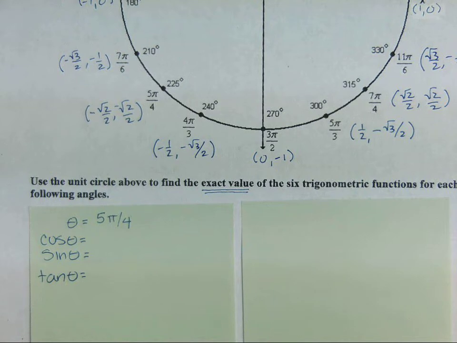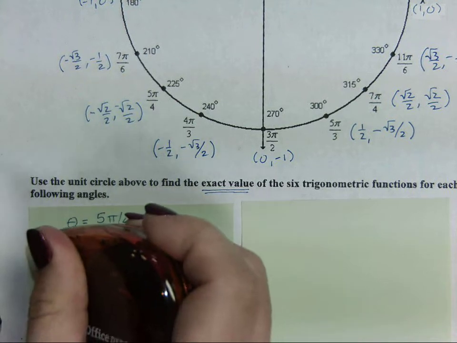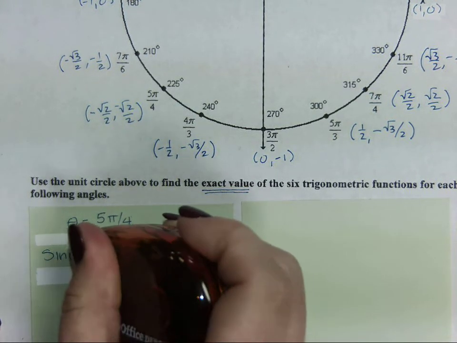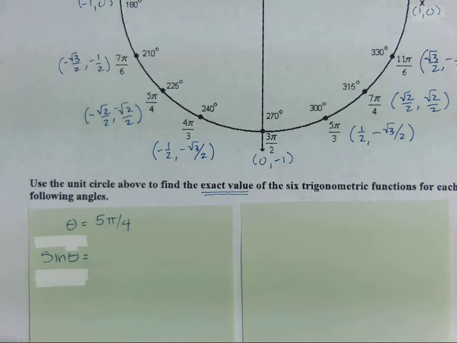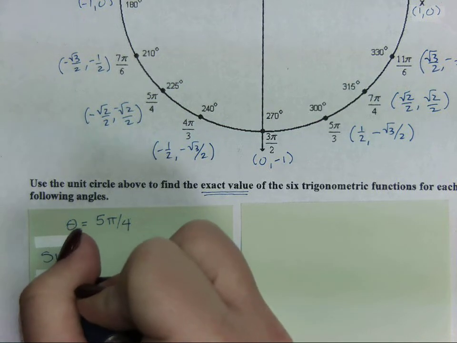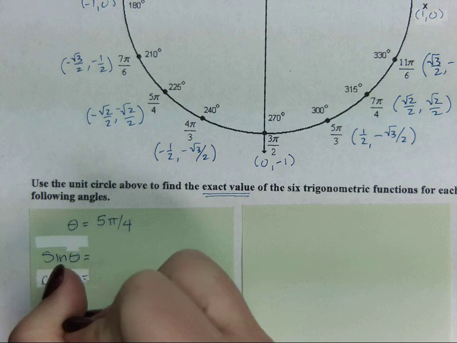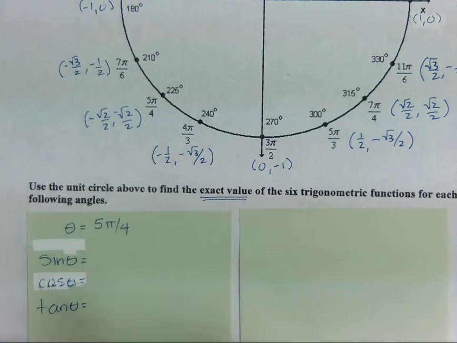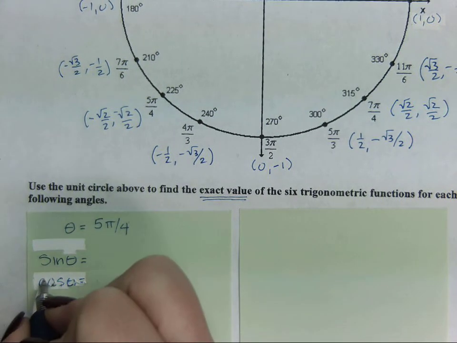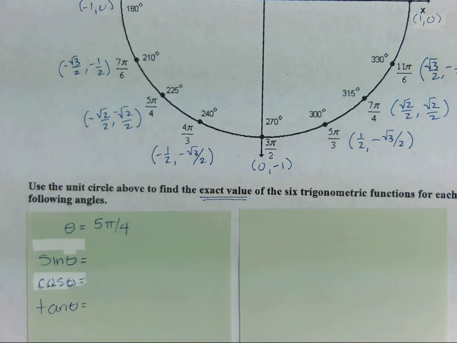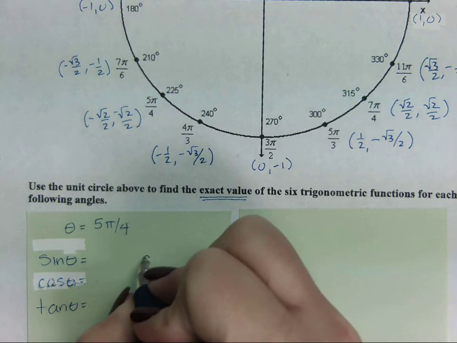So we want to keep them in this pattern, cosine, sine, actually, you know what? Let's change that. Let's do it in this way. I think it'll be easier. Let's do sine, then cosine, then tangent. There's going to be a method to that madness in a second here. So sine, cosine, tangent, and then let's write their reciprocals off to the side.